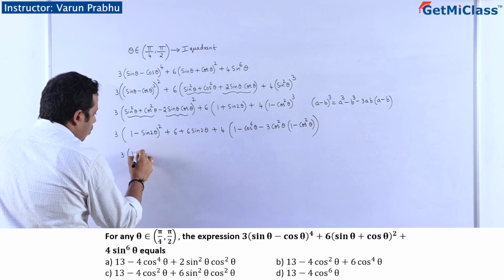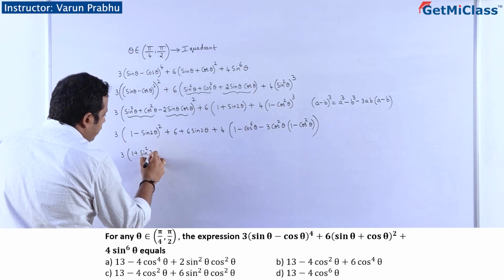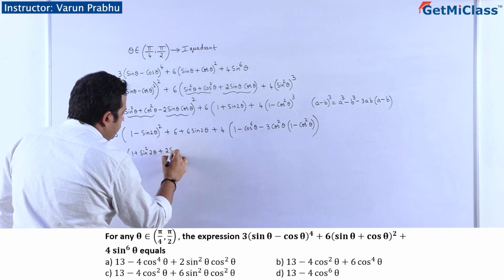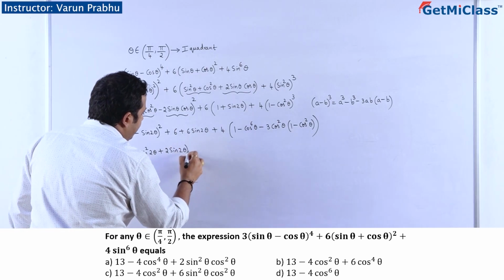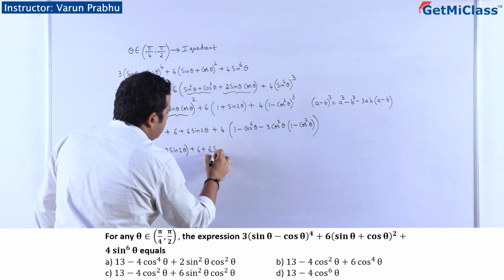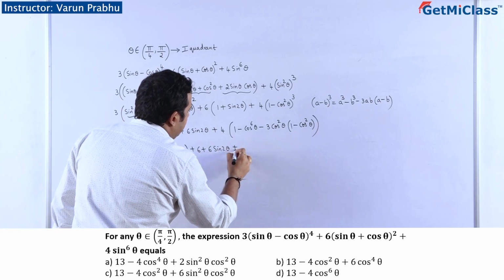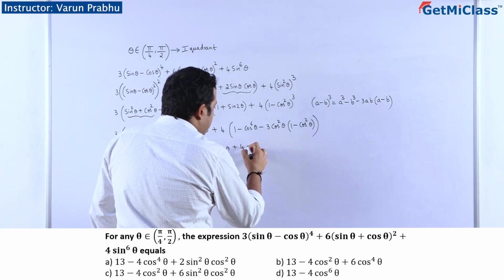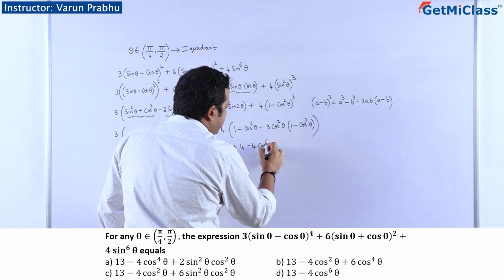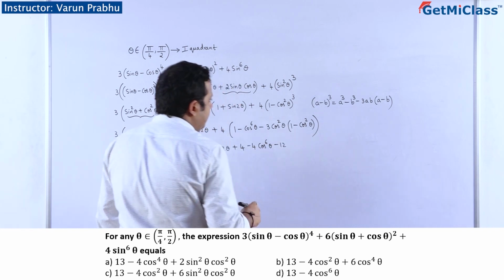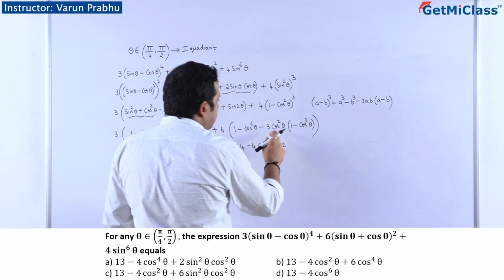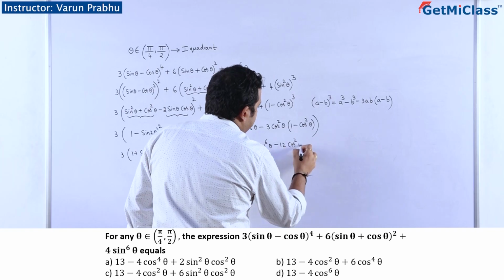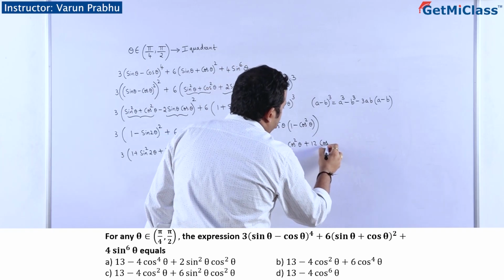3 times (1 plus sin squared 2 theta minus 2 sin 2 theta) plus 6 sin 2 theta plus 4 minus 4 cos to the power 6 theta minus 12 cos squared theta plus 12 cos to the power 4 theta.